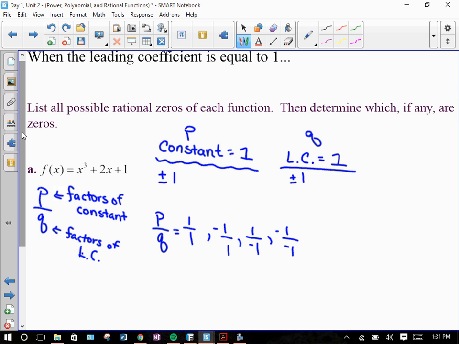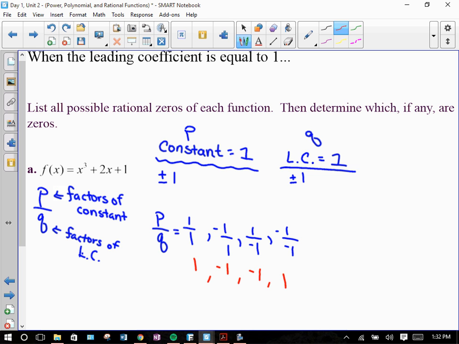Now, I got some repeaters up there. What is 1 divided by 1? 1. What is negative 1 divided by 1? Negative 1. What is 1 divided by negative 1? Negative 1. What is negative 1 divided by negative 1? Positive 1. So the only possibilities are positive 1 or negative 1.